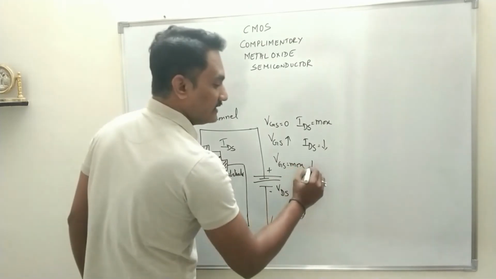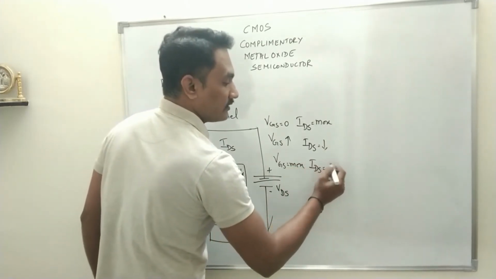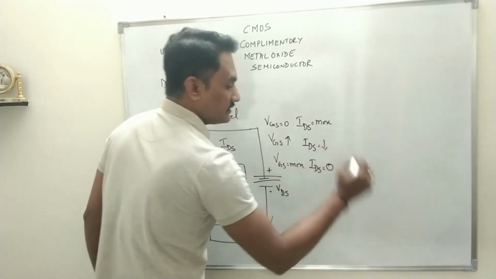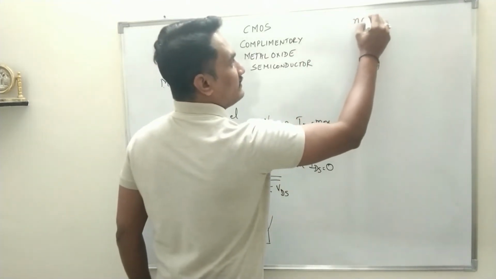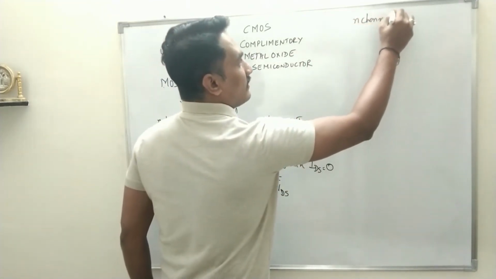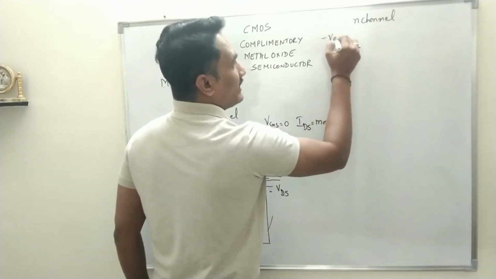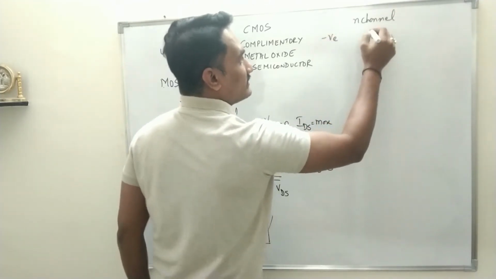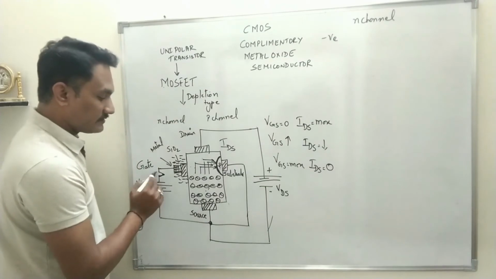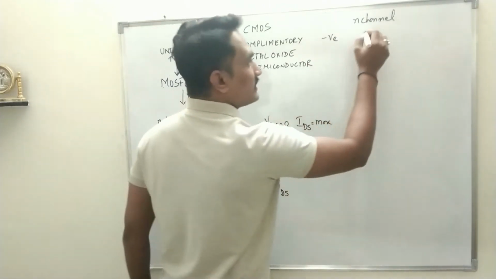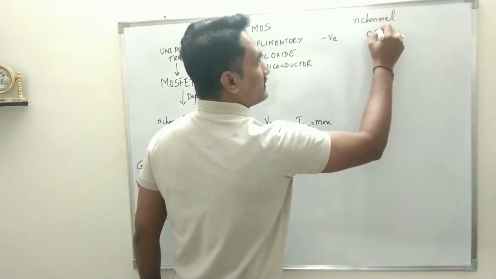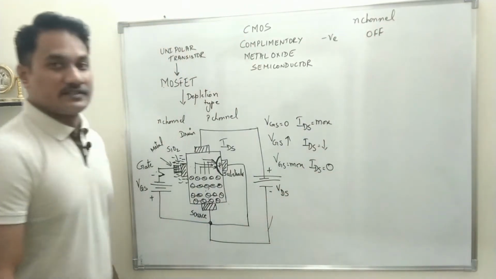That means IDS, the current which is flowing, will be 0. So we conclude that for N channel, when you apply negative potential, current stops flowing from source to drain. That means the transistor is in off state.